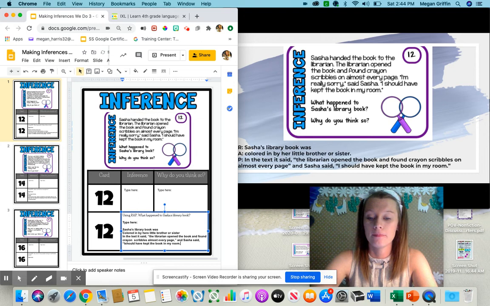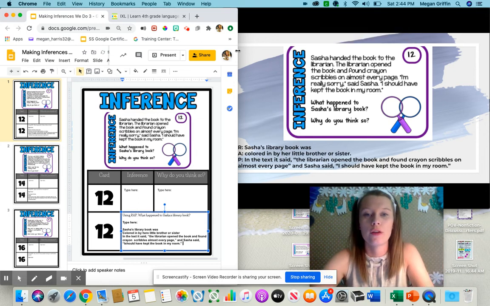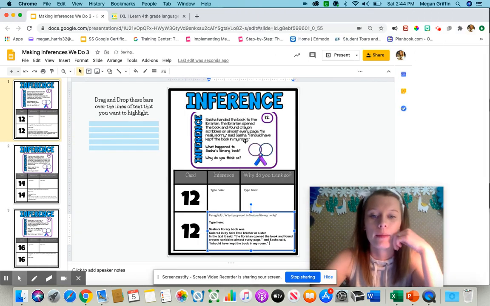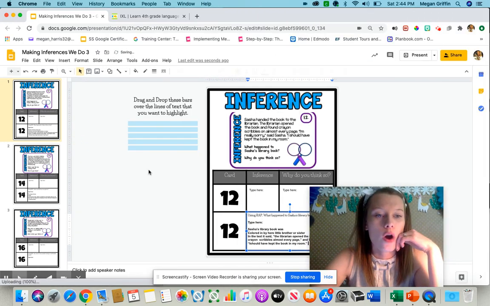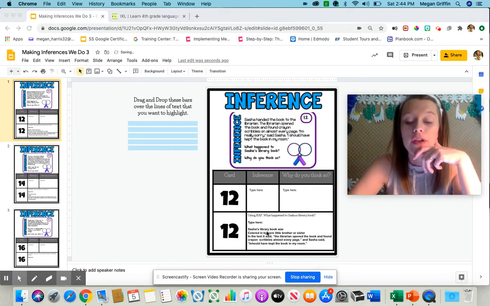Okay. Boom. So let's put this, well, not full screen because you'll lose me, but pull it big. Okay, here we go. So on card 12, you're going to have where it says something along the lines of Sasha's library book was colored in by her little brother or sister.